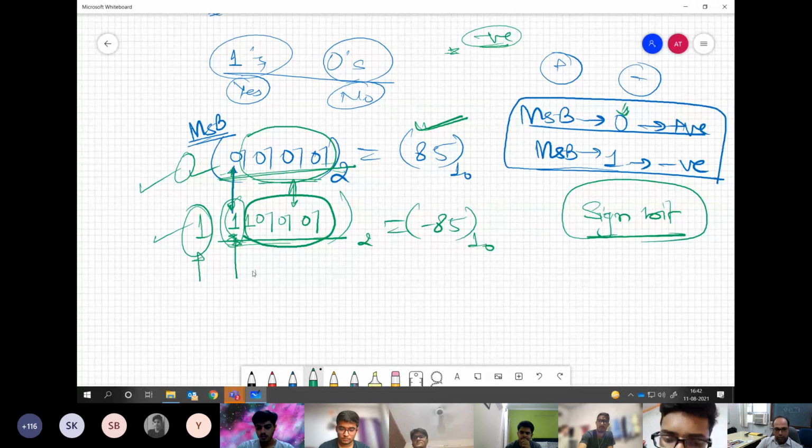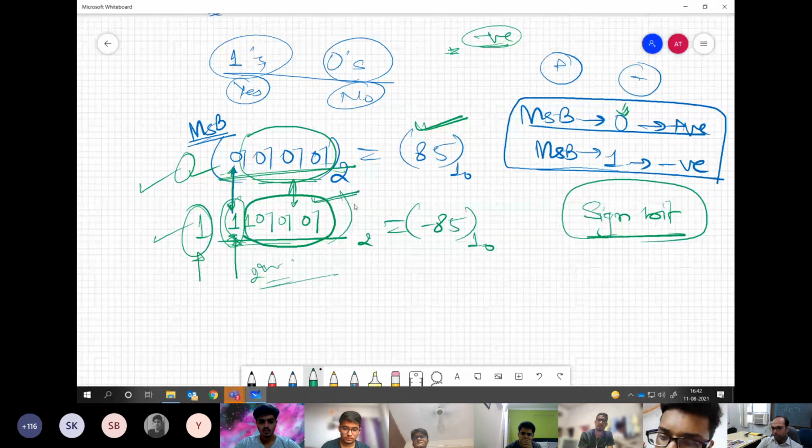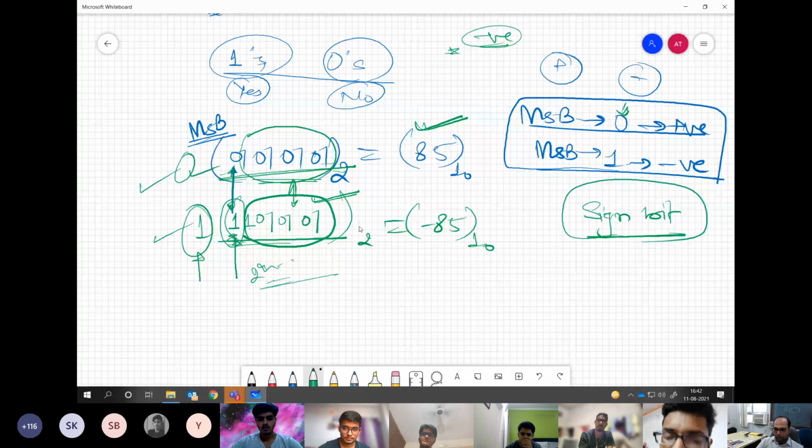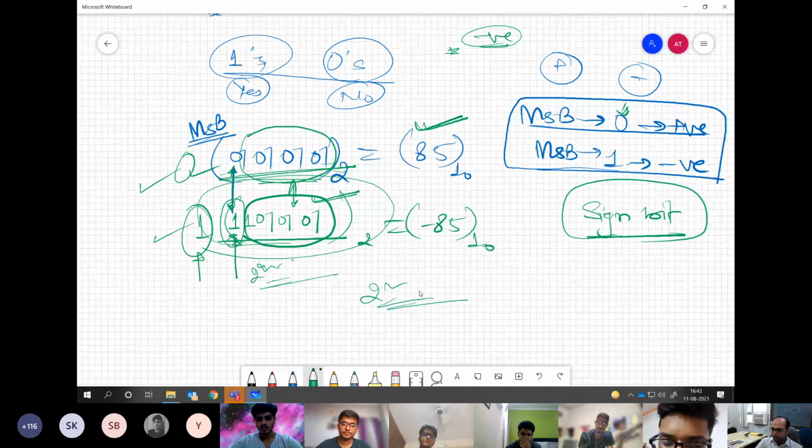Here you read all that, 2 raised to power n minus 1 and all that. This is true for all other bits which correspond to magnitude. But yes, there are ways when we can include all this as 2 raised to power something, and then we can compute and it will come as a negative number. I will come to that.